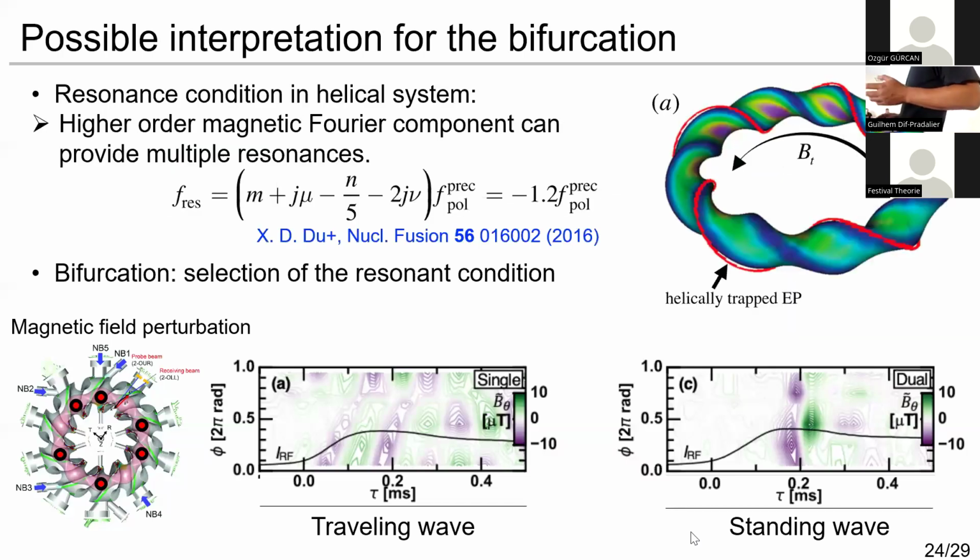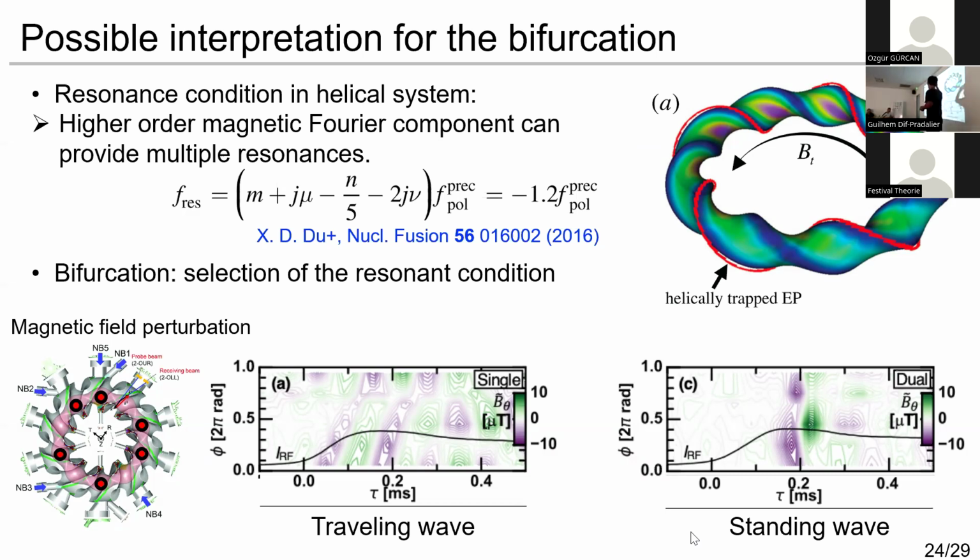Finally, let me discuss a possible interpretation of the bifurcation. The resonance condition in a helical device is quite complicated because of the existence of higher order magnetic Fourier components that can provide multiple resonances. This is shown in this equation. The original energy source of the energetic particle instability is a helically trapped energetic particle propagating this way.